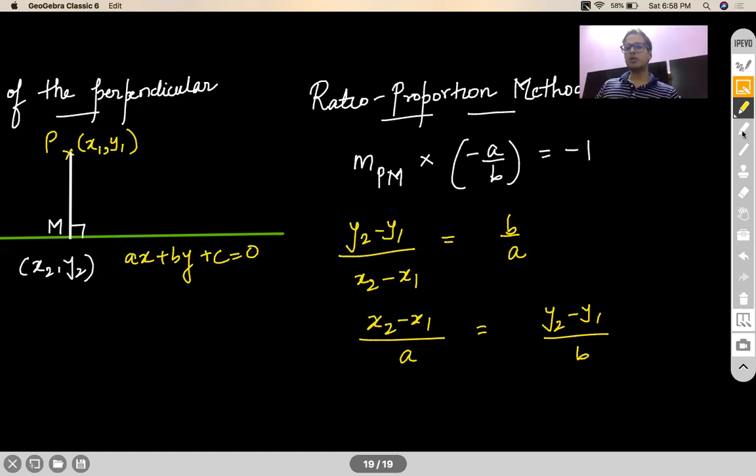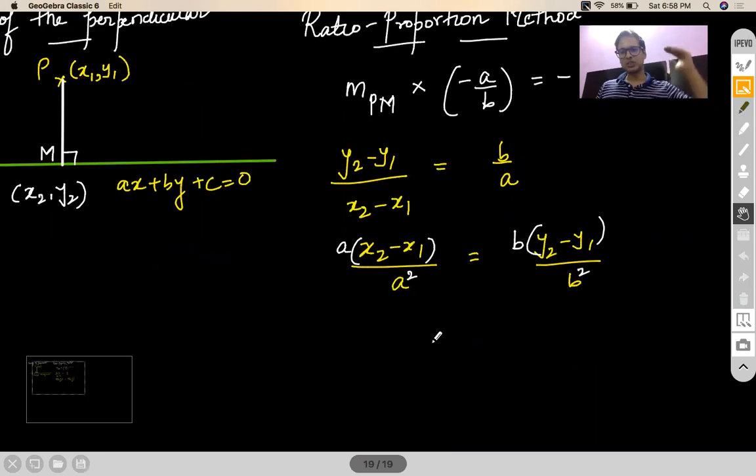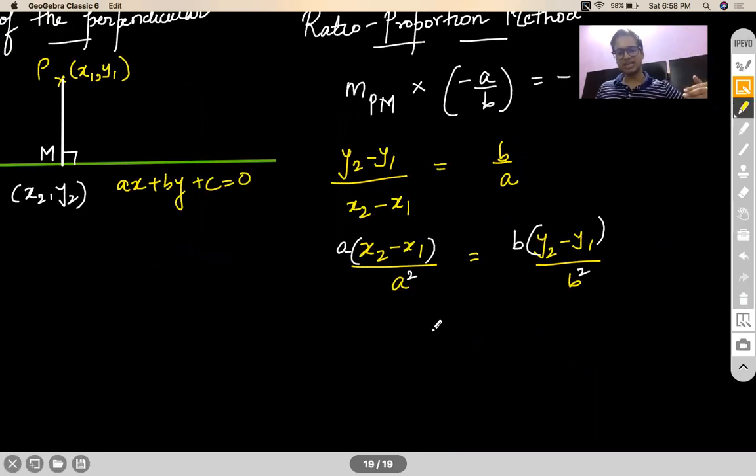Next, I'm going to multiply this with an a and this with a b. Remember, I'm doing the same operation with both the numerator and denominator, so it is not going to change the given result. On the left hand side, I multiplied numerator and denominator with a, and on the right hand side with b. So prima facie, nothing has happened. It is the same expression as the step before.